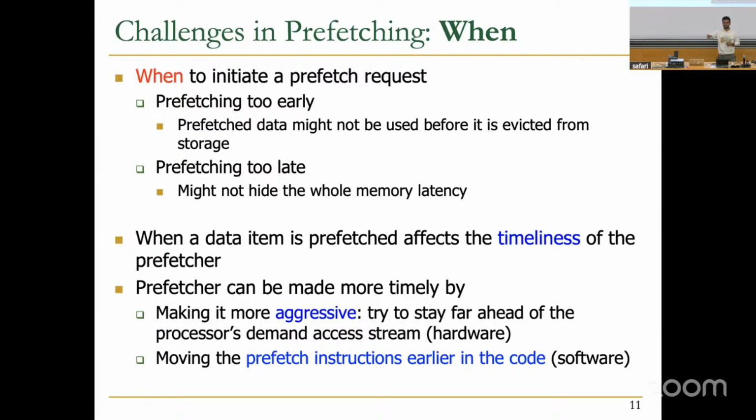If you're accessing array element 0, do you want to prefetch A of 1? Probably not. You want to prefetch, say, A of 100, so that by the time A100 gets fetched from memory to the cache, your program would actually reach A100 and need it. So you can move the prefetch instructions earlier in the code, if you as a programmer or the compiler are injecting prefetch requests in software.